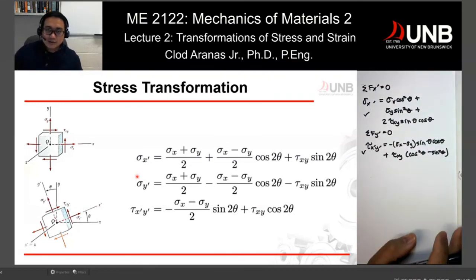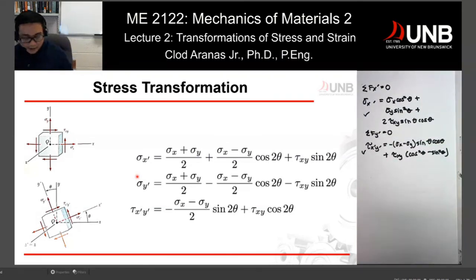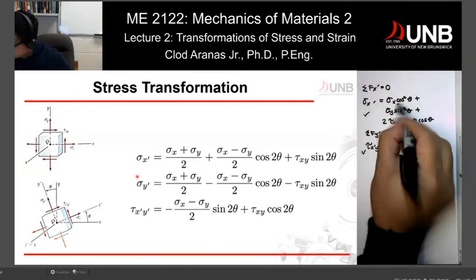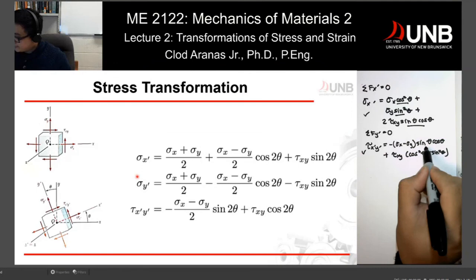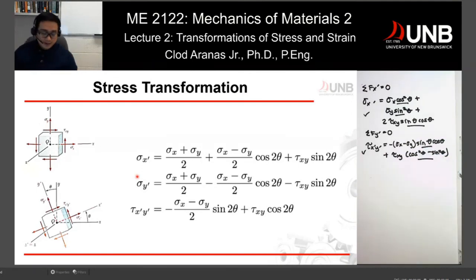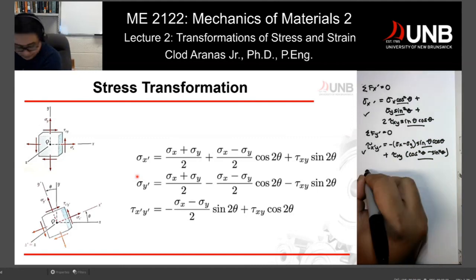Now, once we get these two equations, we can apply trigonometric relations. If we look at these equations, we have cosine squared, we have sine squared, and this relationship here. We can simplify by applying some of the trigonometric relations.